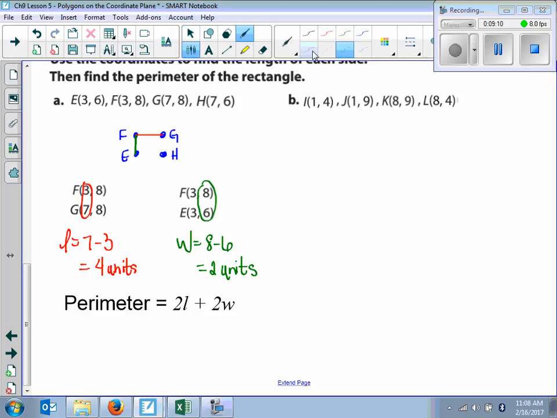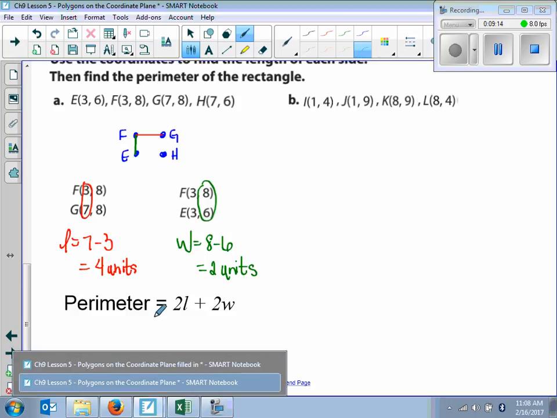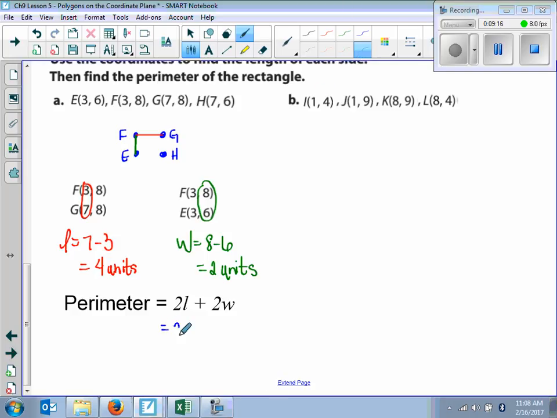Now you're going to substitute. So we have 2 times the length, which is 4, plus 2 times the width, which is 2. So we've got 8 plus 4, which is equal to 12 units.